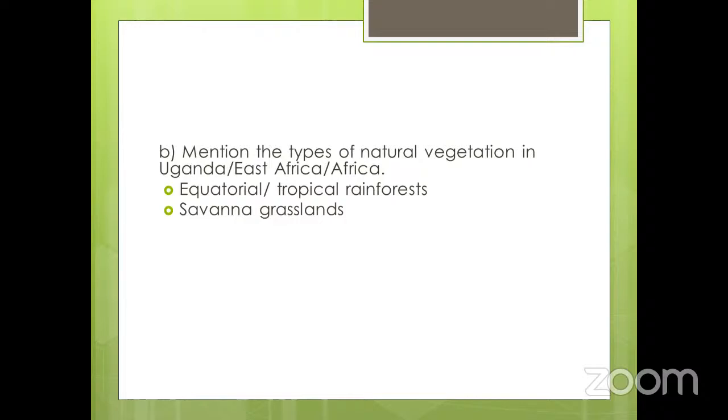Savanna grasslands. We have savanna grasslands. Okay. Another one is there. Who can read that one?